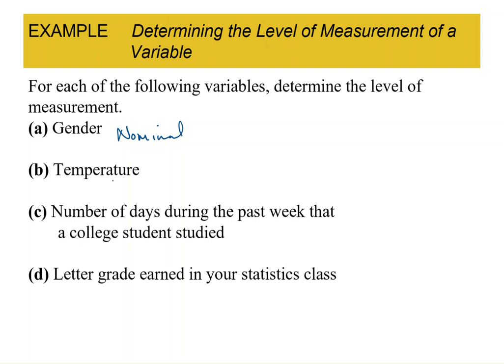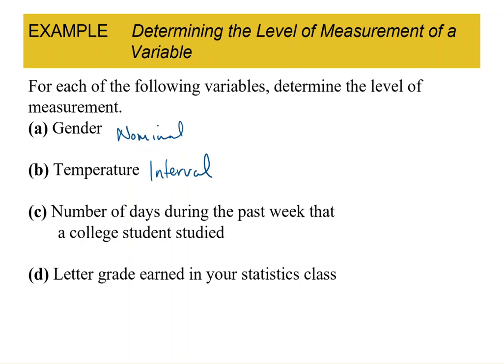If the temperature is 0, that doesn't mean that there's no temperature. That just means that it's 0 on that scale that we're using. So this fits in that interval level. And if we go and test to see if it's a ratio level, for a ratio level, the value of 0 does mean the absence of the quantity. So we know that this is not a ratio level. And so we're at the interval level.